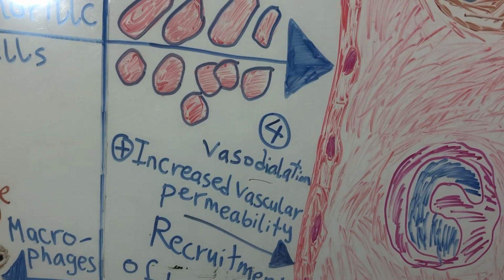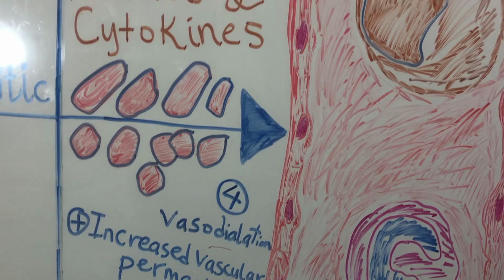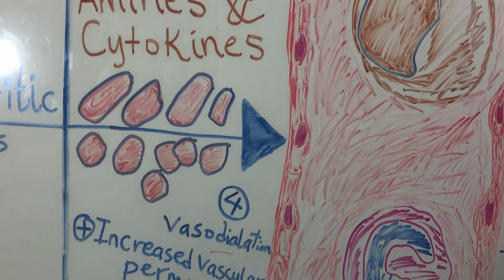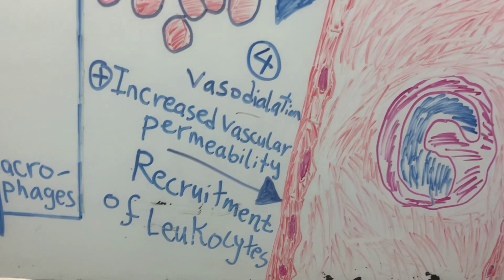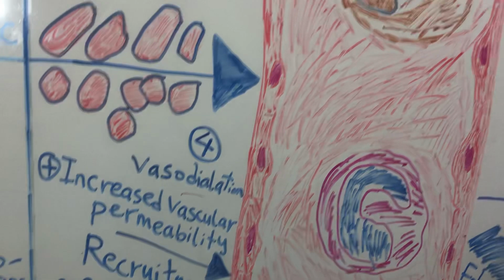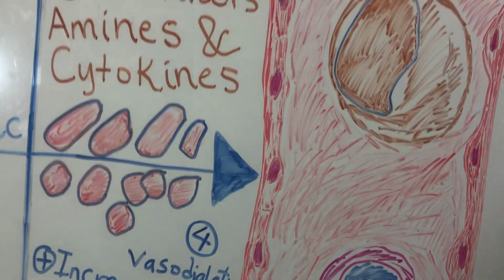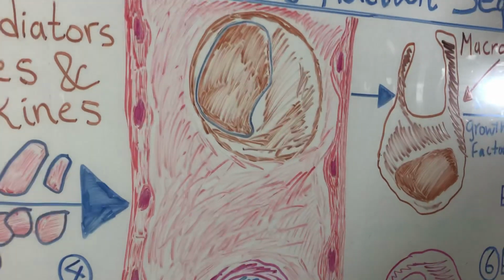They also increase the vascular permeability. Those pores cause a retraction between the endothelial cells through which cells will come out, and recruitment of leukocytes and white blood cells, such as neutrophils and monocytes that will later on differentiate into macrophages.